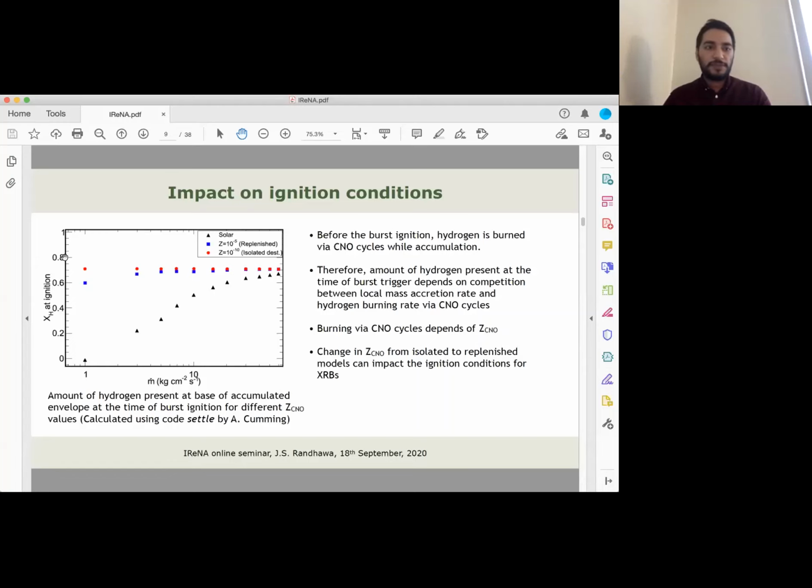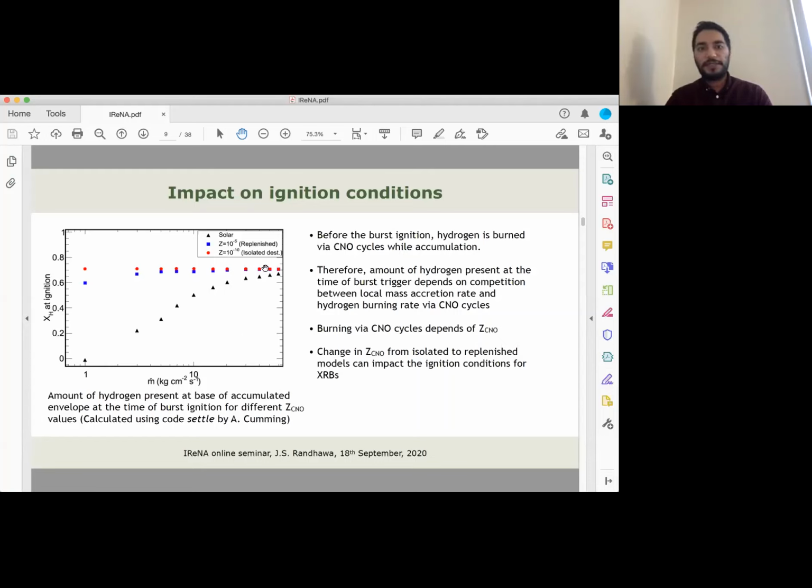So if you see here, I used the code by Andrew Cumming to see how much hydrogen survived at the time of ignition as a function of mass accretion rate. The black line is if we start with the solar CNO metallicity, and as the mass accretion rate decreases, it cannot compete with the hydrogen burning through the CNO cycles, so the hydrogen is depleted at the time of ignition.